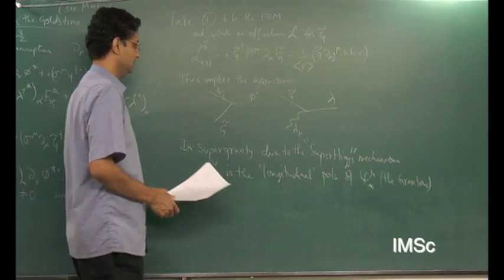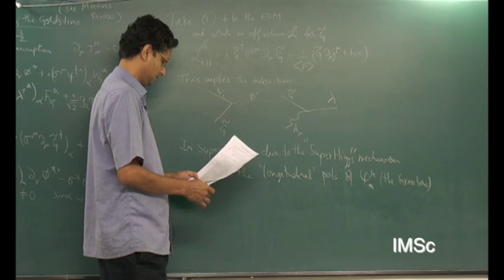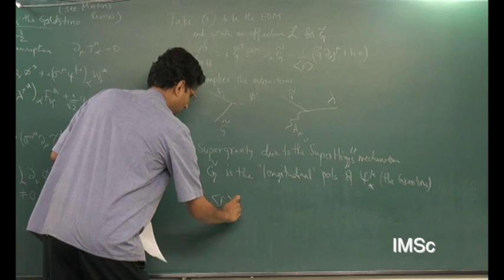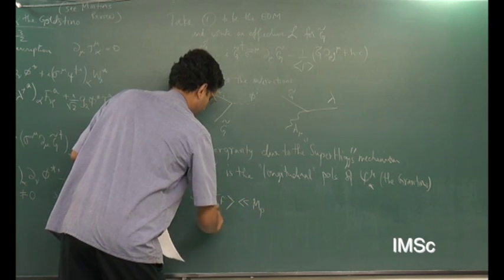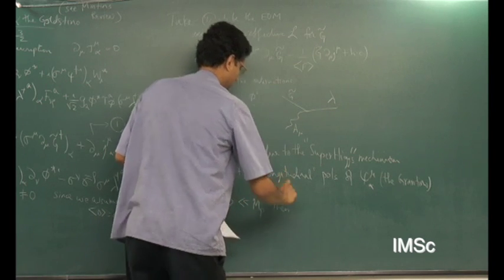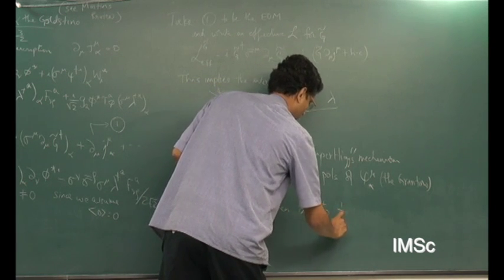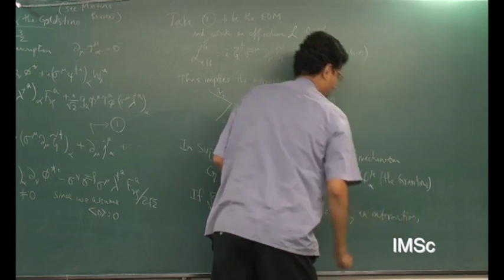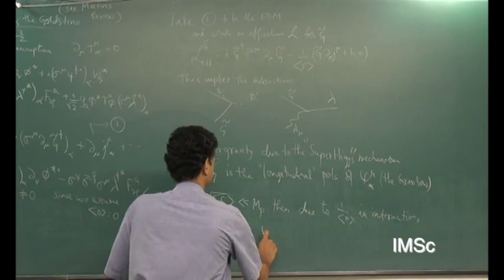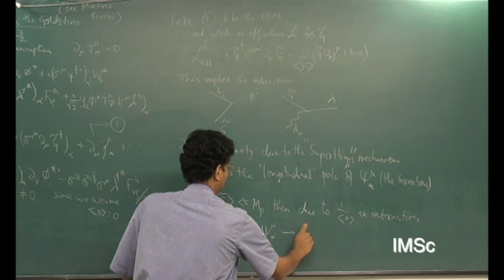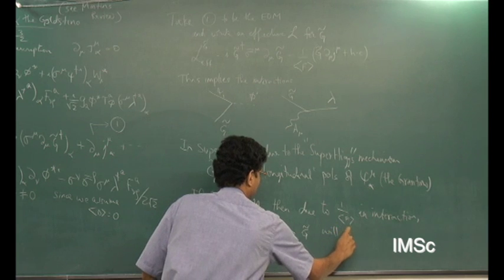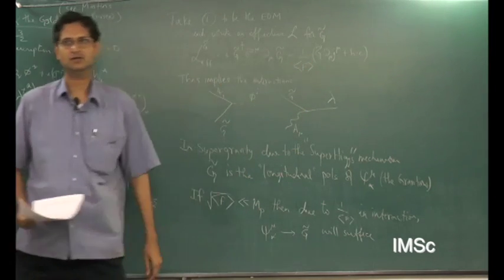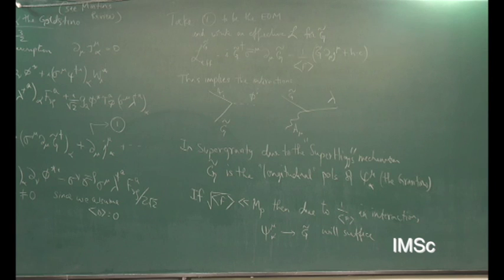And so if you look at processes, you can show that when F is not too large, let me write it as F is much lesser than M Planck, this interaction is only suppressed by 1 over F, whereas all gravity effects you would think are suppressed by 1 over M Planck, right?